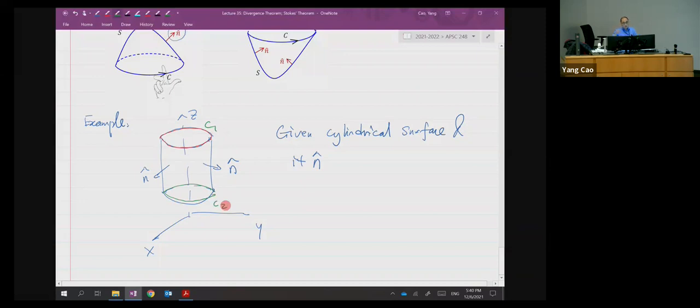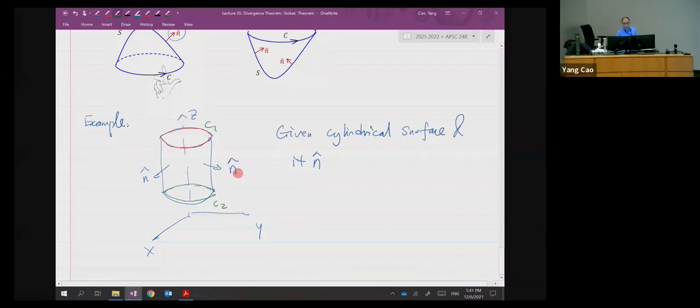Can you use the right-hand rule to determine the proper orientation for C1 and C2? Meaning, if I look down from the top, should C1 go clockwise or counterclockwise, and should C2 go counterclockwise or clockwise? Your n hat is pointing outwards.